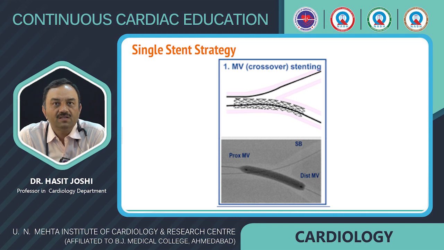Whatever the lesion is, at least 8 millimeter should be done, so proximal optimization can be done. The side branch wire has to be jailed, and the stent has to be 1:1 with the distal main vessel.